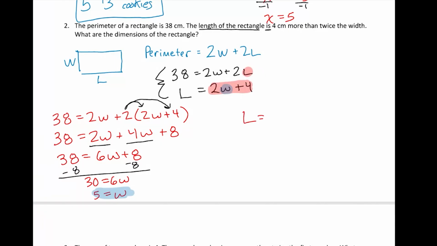So the length is 2 times 5 plus 4. You don't even really need to do any algebraic manipulation here. You just type that in your calculator. 10 and 4 make 14. Okay, so the width is 5 centimeters and the length is 14 centimeters.